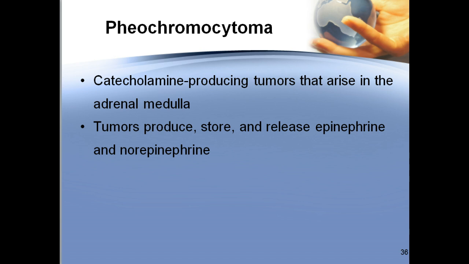Remember earlier, when I was telling you that the adrenal medulla produces catecholamine, and the catecholamine is responsible for the fight or flight response. Tumors produce, store, and release epinephrine and norepinephrine.